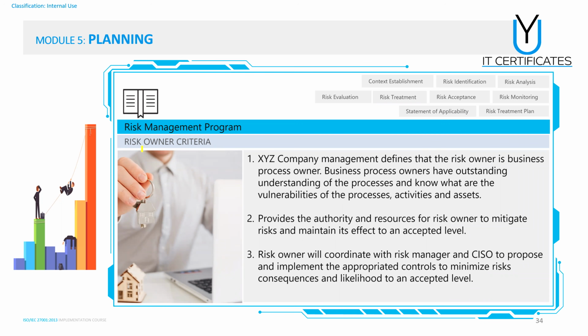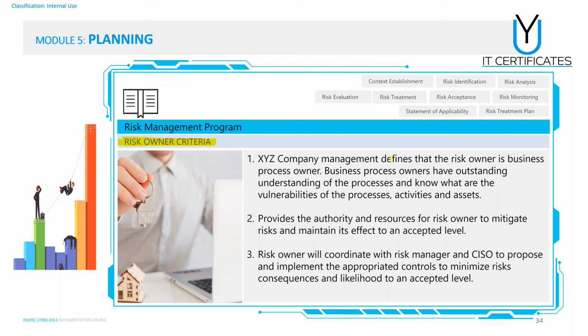Also, we highlighted who the risk owner is. We mentioned that the risk owner is the person who is able to manage the risk and its effect on the organization.